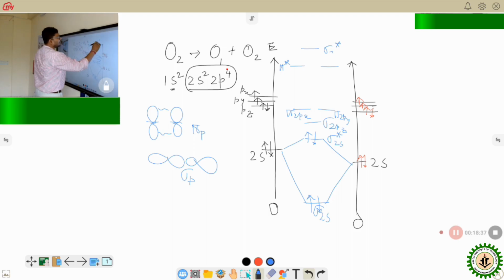This is sigma 2pz, and this is pi 2px, pi 2py, pi star 2px, and pi star 2py. So I have 4 orbitals. These are 4 p electrons per atom, so total 8 electrons. Electrons will fill from the bottom. Lower energy orbitals will fill first, then my 2 pi orbitals, and then these 2 pi star.